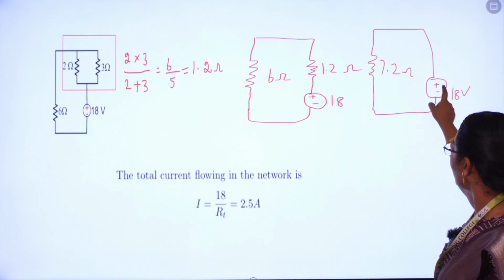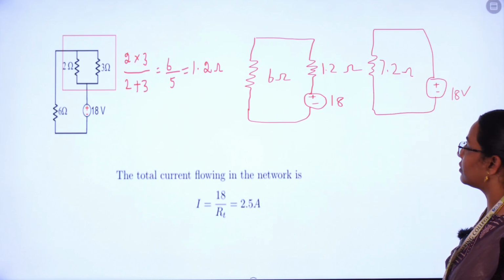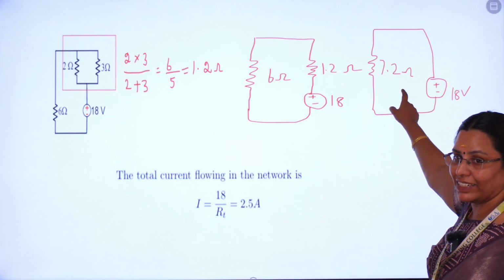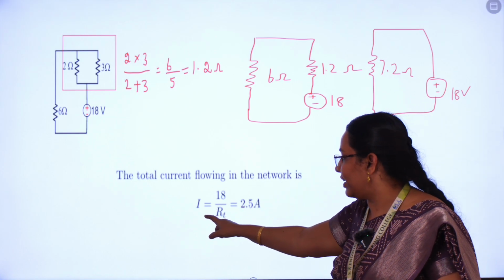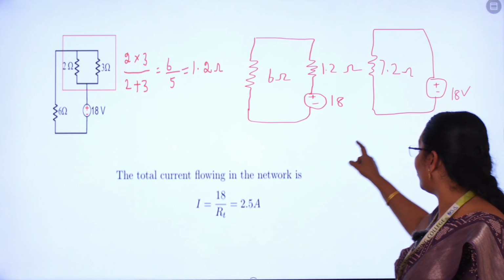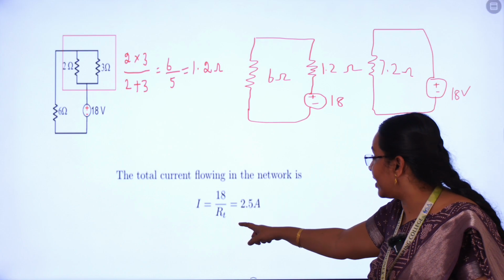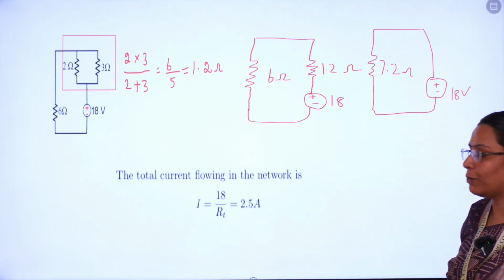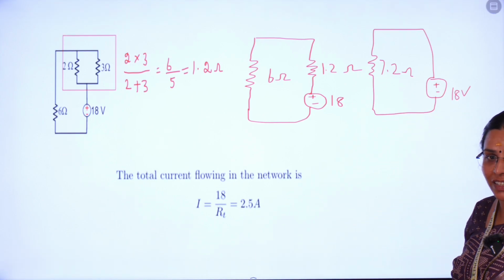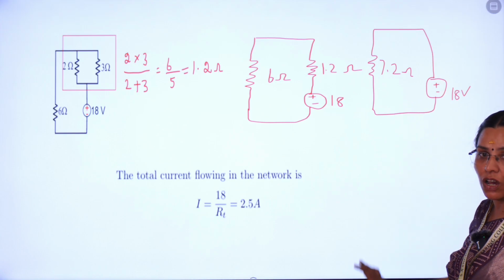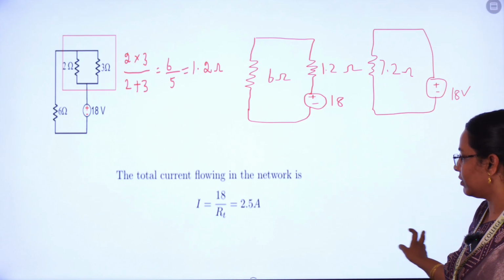So the 18 volt source is directly connected with the 7.2 ohm. Now we are going to calculate the current in the circuit. The current I, by Ohm's law, equals V by R, so I equals 18 volts divided by 7.2. The answer is 2.5 amps. Now we have only calculated the current in the circuit, not the voltage.